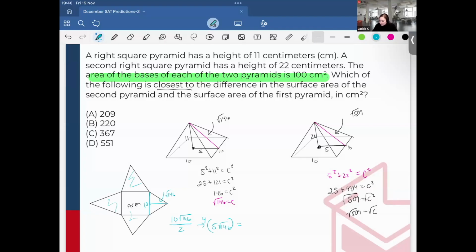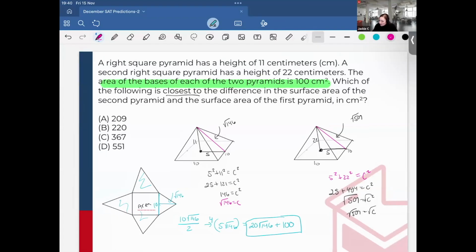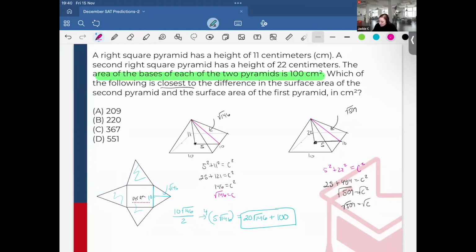So this would be 20 root 146, and then plus the area of the base, which is 100. So we have our area for there. And then same with this one, I'm going to do the base of 10 multiplied by its slant height, root 509, divided by 2, which is 5, and then also multiply by 4, which is 20 root 509 plus 100.